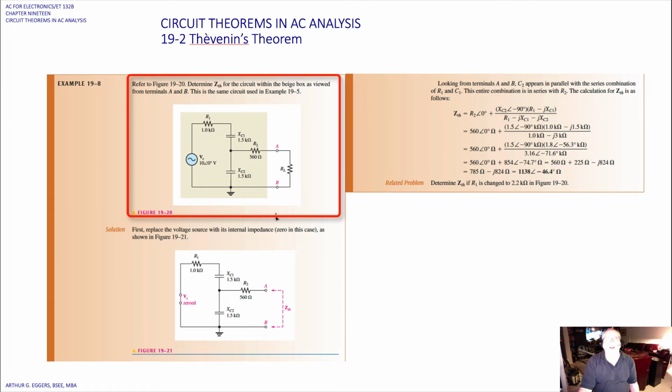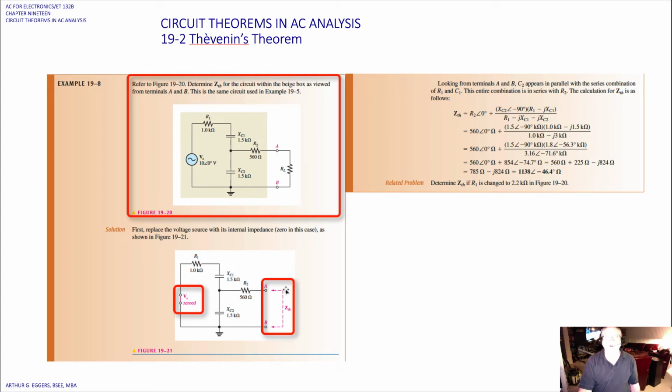Okay, now we're going to again take a look at the circuit we've already seen. In this case, we're going to determine Z Thévenin for the circuit within the box. First, replace the voltage source with its internal impedance, 0 in this case, as shown in the figure. So there we are, V source is zeroed out. We remove our load resistor. We're left with R2 and X sub C1, X sub C2, and R1.